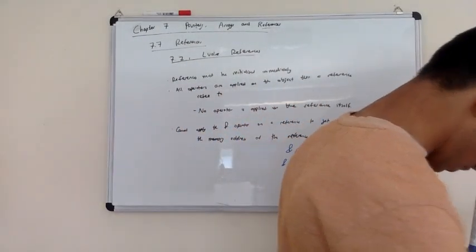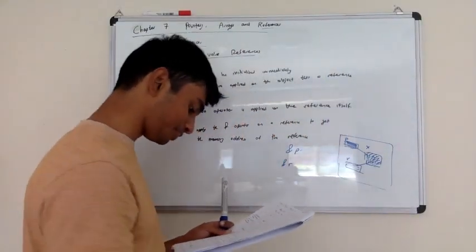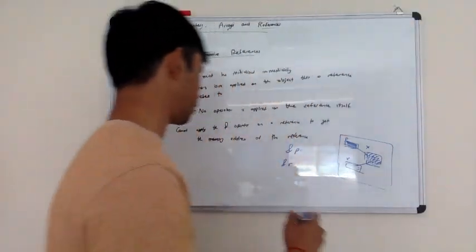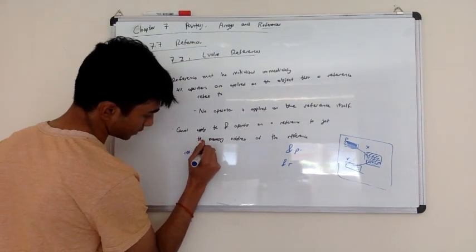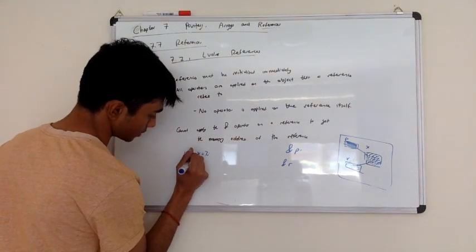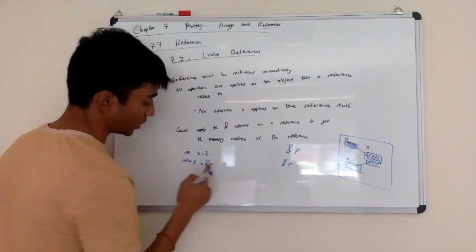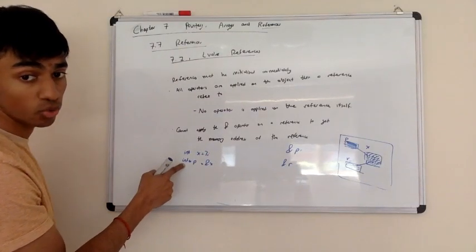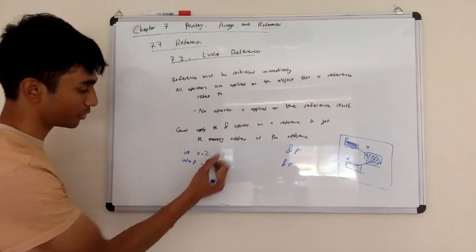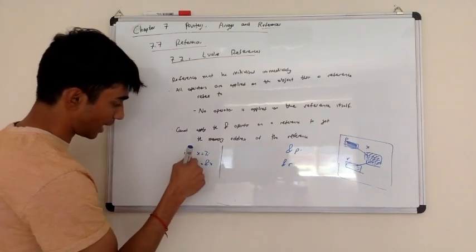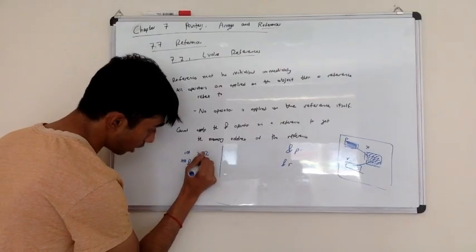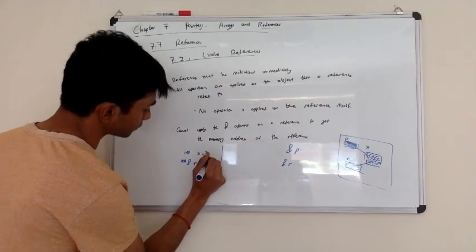And therefore, you cannot get a pointer of a reference. If we have int x equals 3, we can make int star p equals ampersand x. We can get a pointer to an integer. But imagine we first had int ampersand r equals x, right?